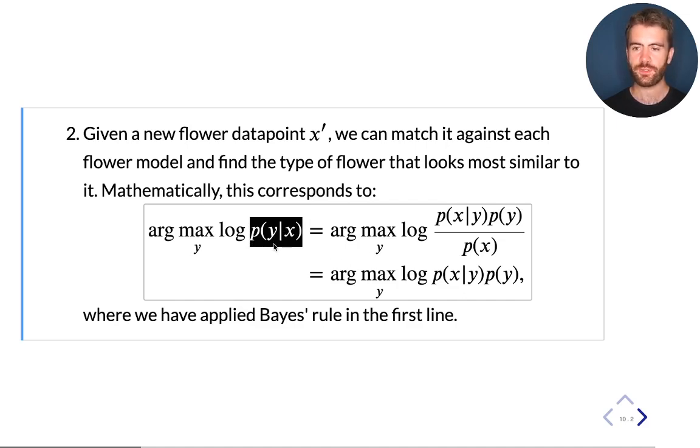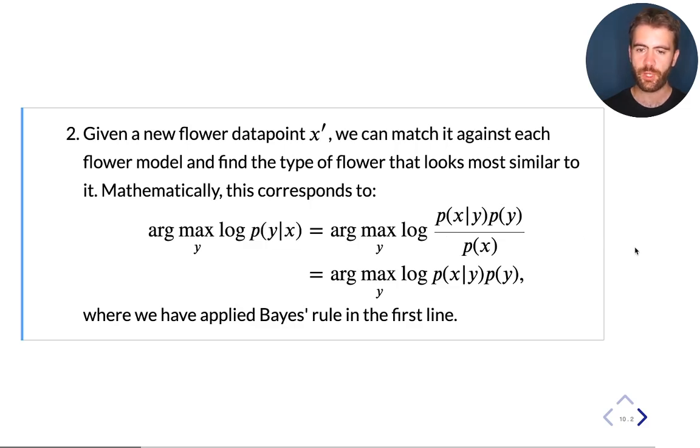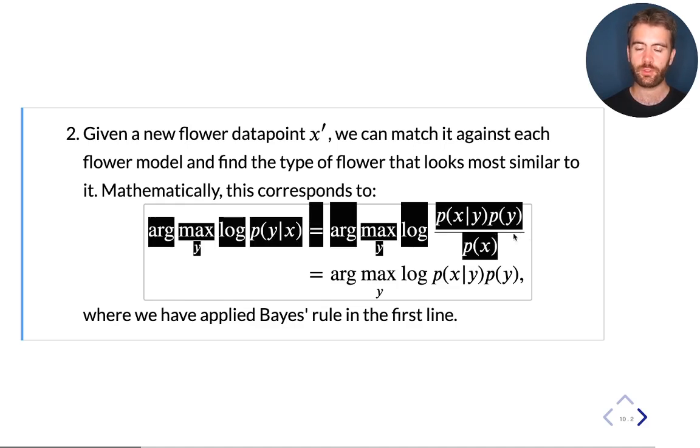Again, in a discriminative approach, this would be a model directly, but now we don't have a closed form. We don't have a function that measures this particular value. Instead, we have a model for each type of class. So therefore, we apply Bayes' rule, and we obtain the following.